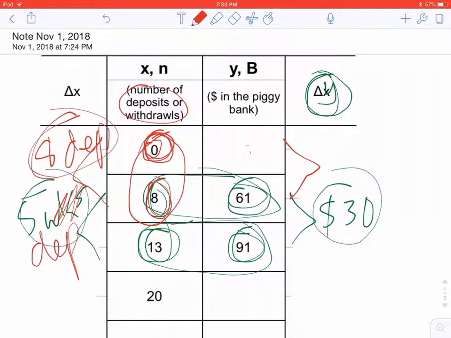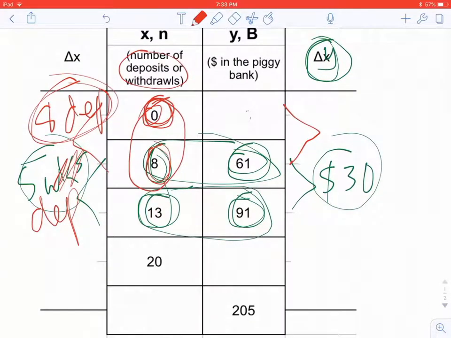So 8 deposits, and they're $6 each. How much money is that? $6 every deposit multiplied by 8 deposits, right? That's how much money the piggy bank had increased by over 8 weeks, or 8 deposits. I'll never get that right.